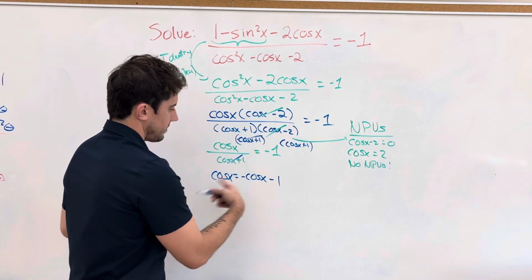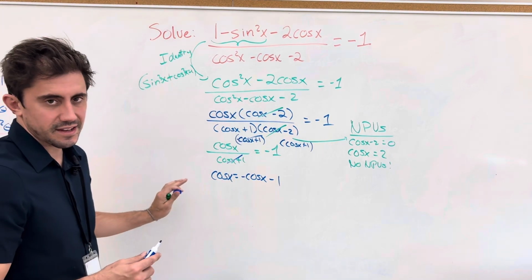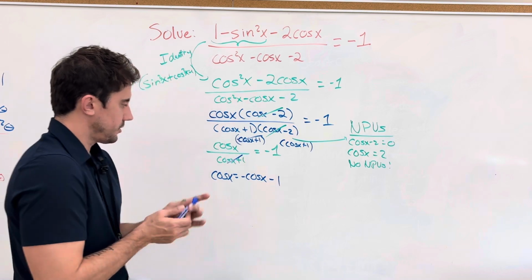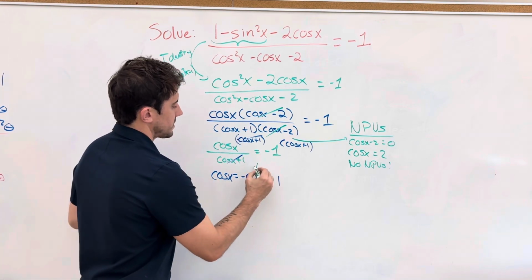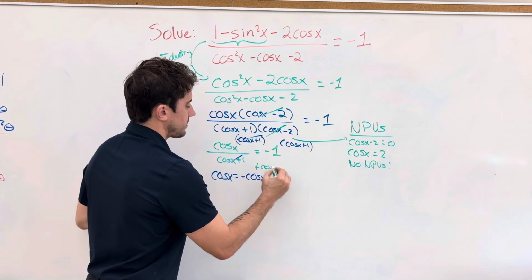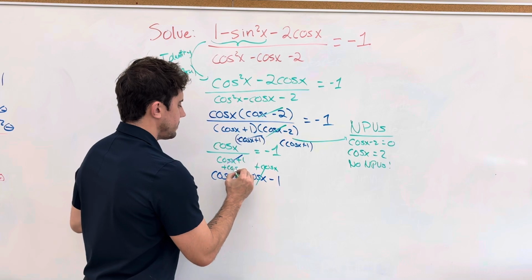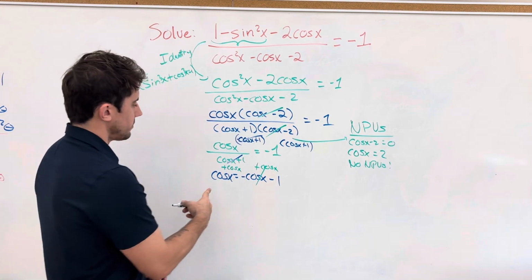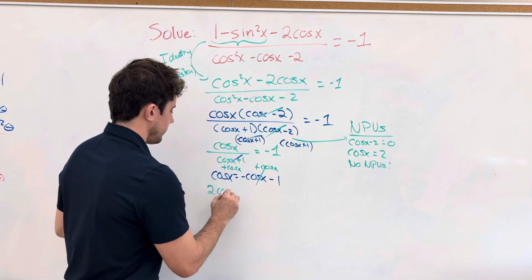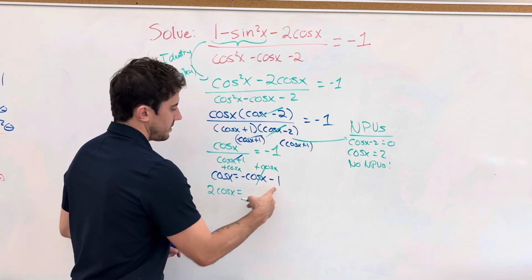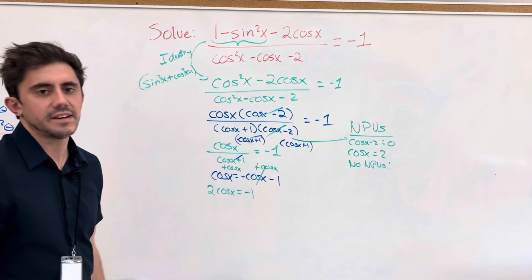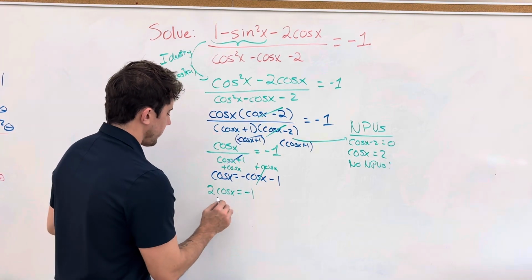And so that means that we are going to isolate the cos x terms. I'll even do that out explicitly, plus cos x on both sides, right? So now our left-hand side is 2 cos x, and that's equal to negative 1. And now you can see we're almost done, dividing both sides by 2.